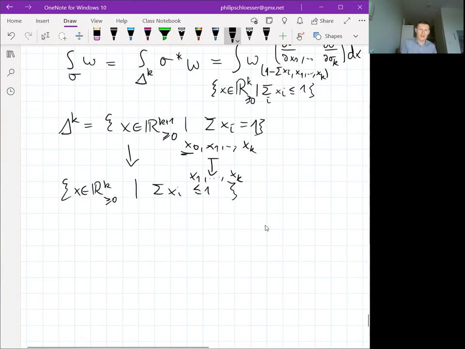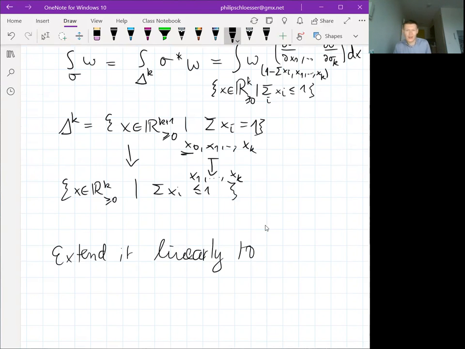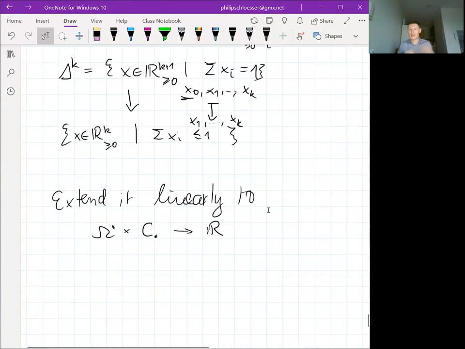Okay, so this is a nice integral, I guess. Anyway, we can extend it linearly to k chains, but we can really say that it's just a pairing of omega upstairs dot times c downstairs dot to R, where we just say if we integrate a k form over an L simplex, that's just 0 and everything else.